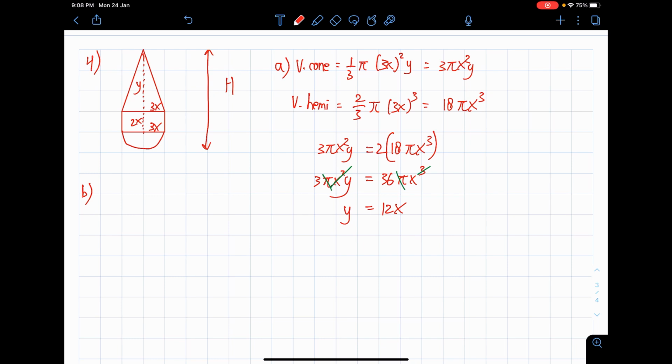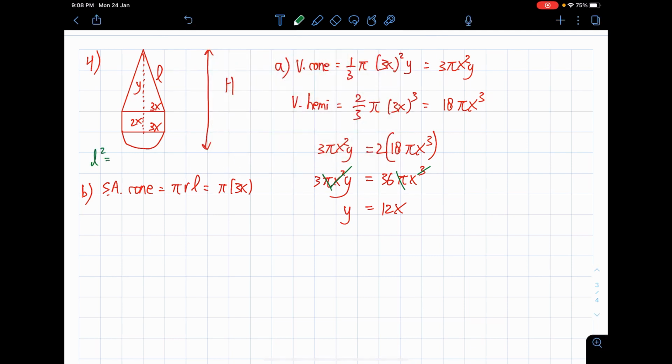So let's find the surface area one by one. Surface area SA of the cone. I'm only looking for the outer part, so it's pi r L only. So I got pi multiplied by 3x being the radius. Now multiply by L. You see L is actually here, the slant height. You can find the value of L by using Pythagoras theorem. So let me add here.